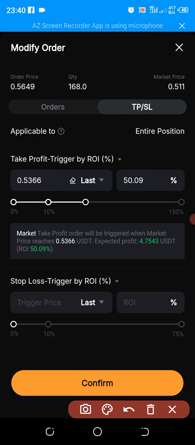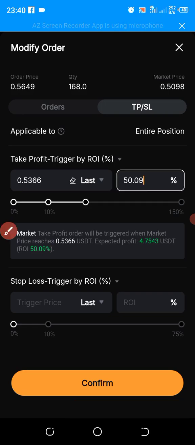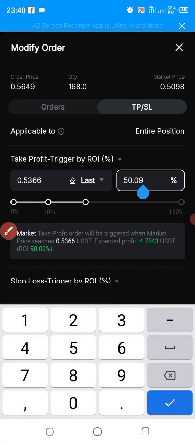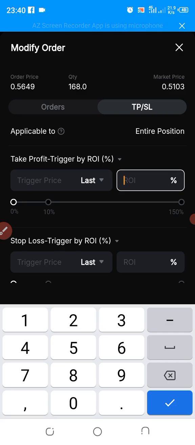Click on the percentage. You can take profit from 20% and above. Let's say I want to take 20%, I'll just click on 20%.